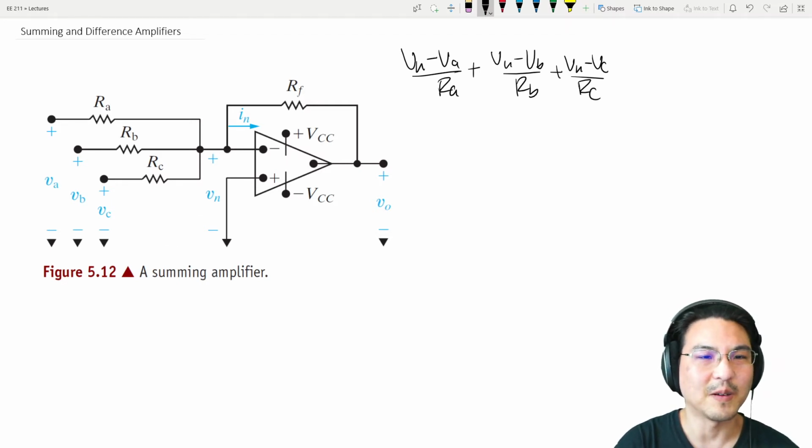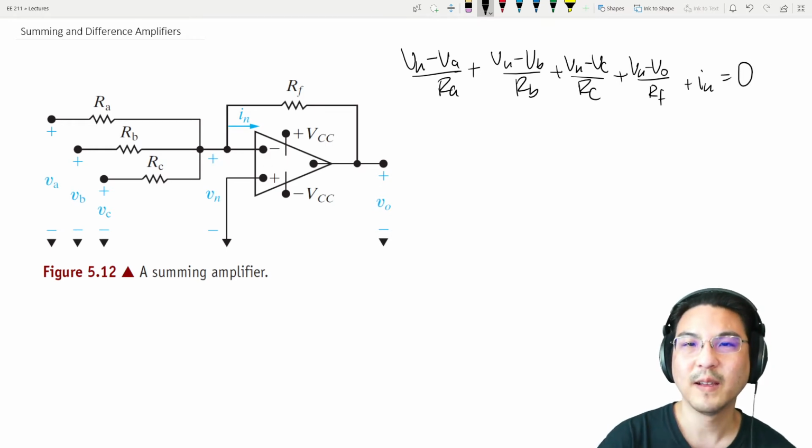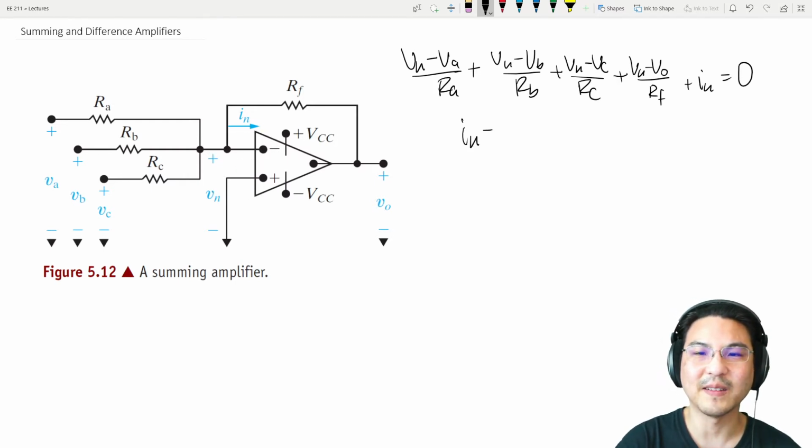And then now let's go the current over here. So Vn minus V out over Rf. And then the current here, In. Okay, for an ideal op-amp, the current here and the current here, they're both 0. So In and Ip are both 0, so this is 0.